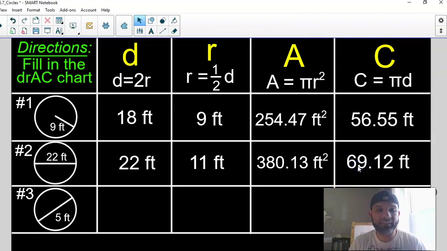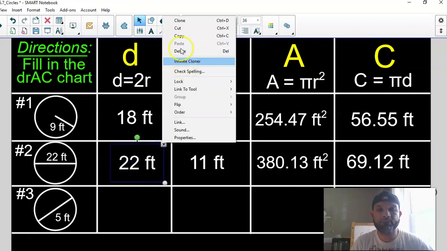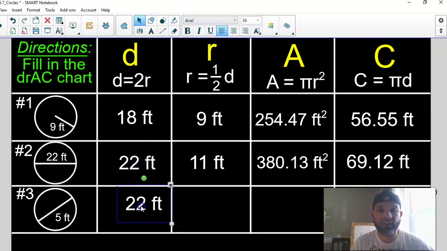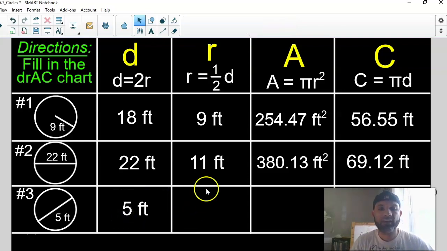All right, last example here. This 5 here belongs where? Does it belong under the diameter, radius, area, or circumference? That 5 is the diameter. So that belongs in this column. That is 5 feet, which means the radius is half of that, right?